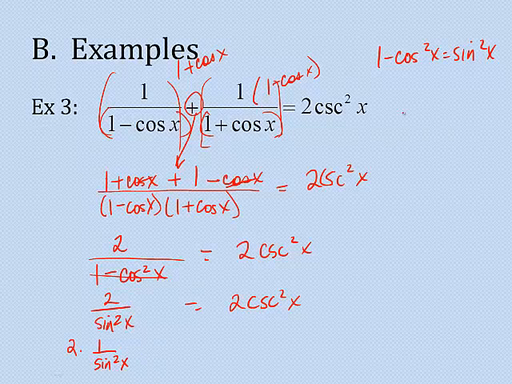Which is cosecant, because 1 over sine is cosecant of x. So what I can replace it with is 2 cosecant squared, because it was squared as sine, it's going to be squared as cosecant, and that equals the right side of the equation, and all is good. We are done. You have to get a common denominator first, combine like terms, clean things up, and then start replacing to simplify.